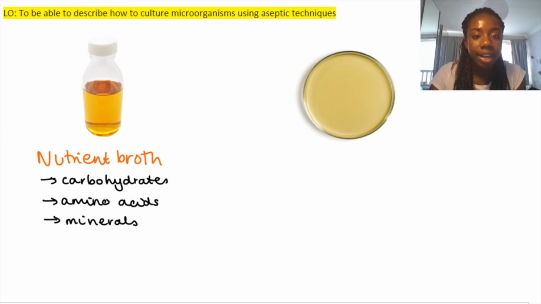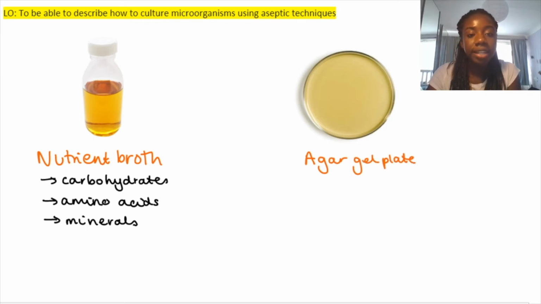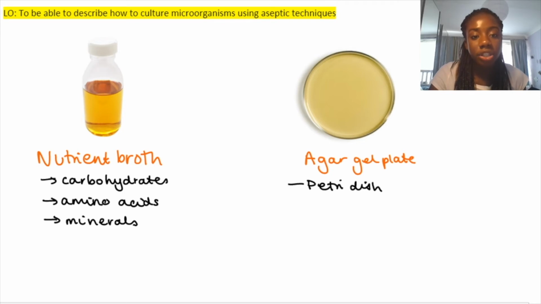Then on the right we have an agar gel plate. So this consists of our petri dish, which is our flat-bottomed dish, which also has a lid, which we can shut, and we can make sure that there's no contamination of our bacteria once we've put it onto our plate.